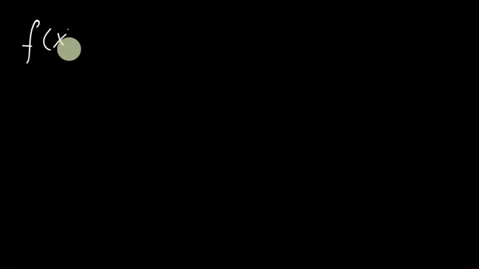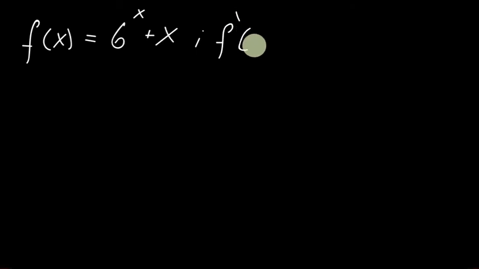Let's say we have f of x equals 6 to the power of x plus x. Now, to calculate the derivative of 6 to the power of x, we need to look at our table, and we will see that the derivative of that is 6 to the power of x, so it's the same thing times a natural logarithm of 6.